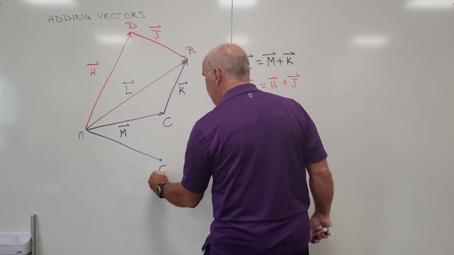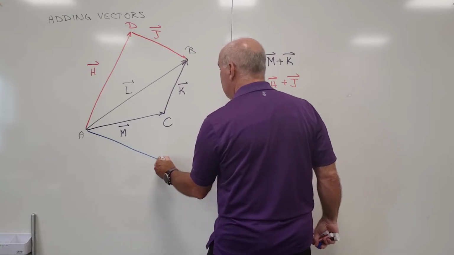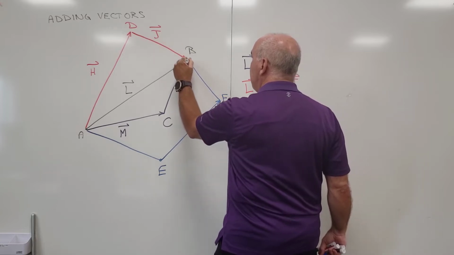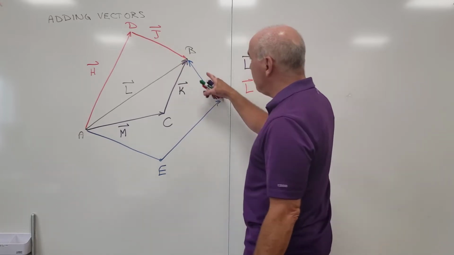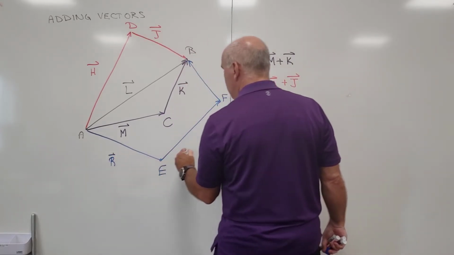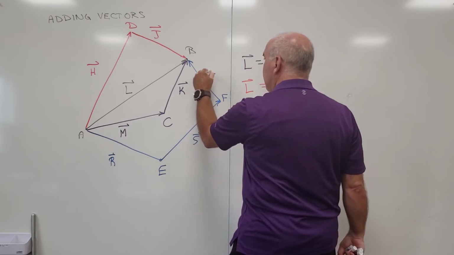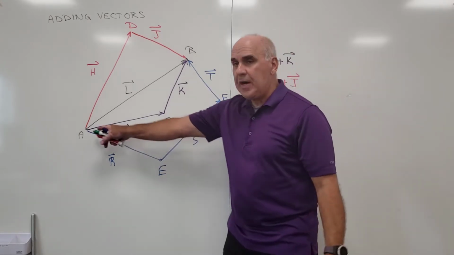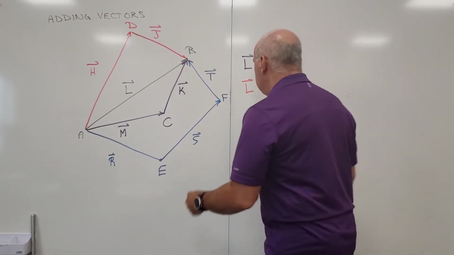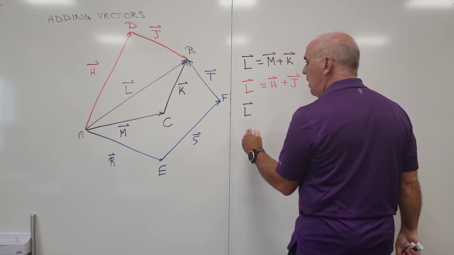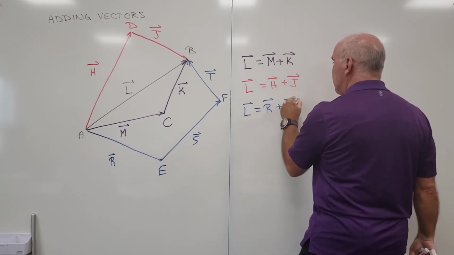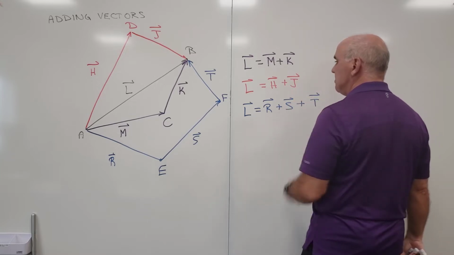I'm going to call this point E. And I'm going to travel here and call that point F. And then finally, I travel there and I end up at B. All right, so this might be vector R, vector S, and vector T. And so following these three vector paths, I still end up at B. And so the final vector displacement L is the same as displacement R plus displacement S plus displacement T.